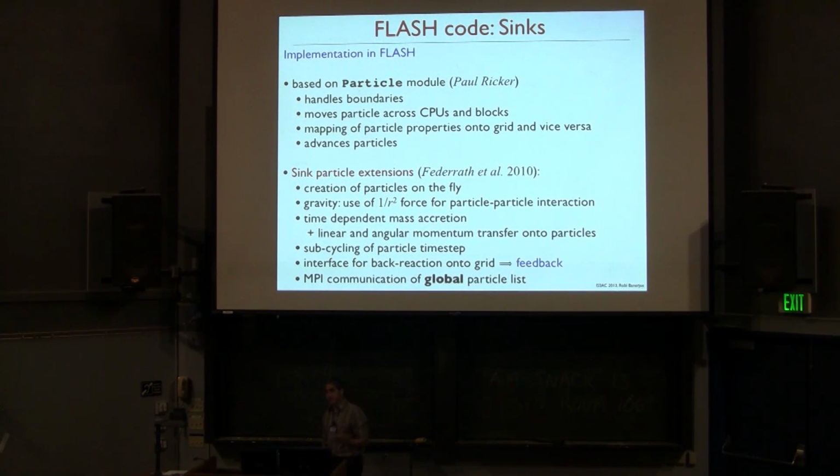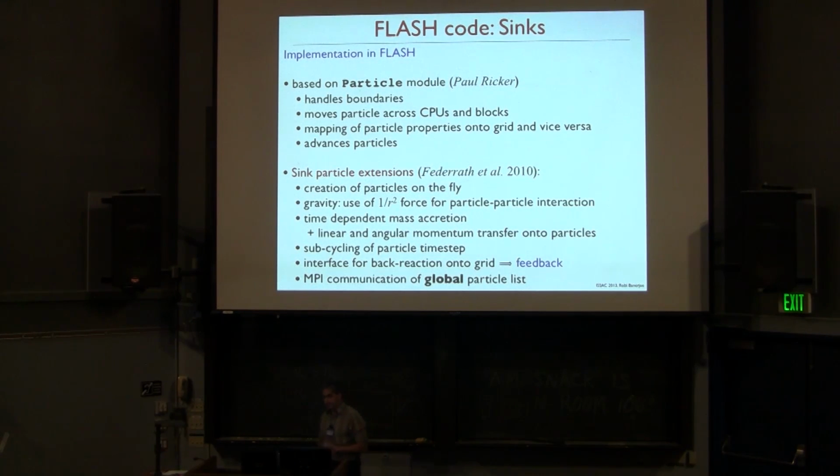It used a different method for the gravitational interaction. Paul Ricker's original method projected a particle mass as a density onto the grid, and then solved the Poisson equation, for instance with the multigrid solver, which we were talking about yesterday.